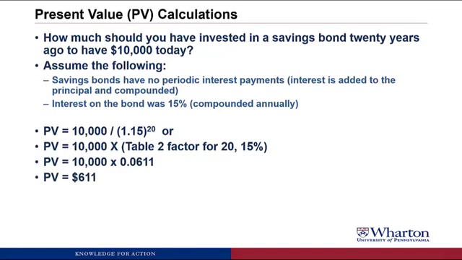Either way, you come up with a present value of $611, which means that you would have had to invest $611 20 years ago at a 15% interest rate in a bond to have it grow to be $10,000 today. And here's an example where the present value is really a past value and the future value is really today. Don't get hung up on present value and future value. It's really the value before we start discounting and the value after we stop discounting.